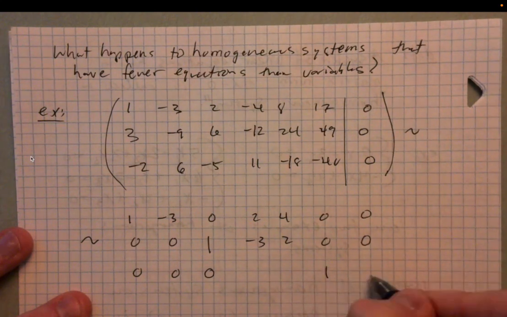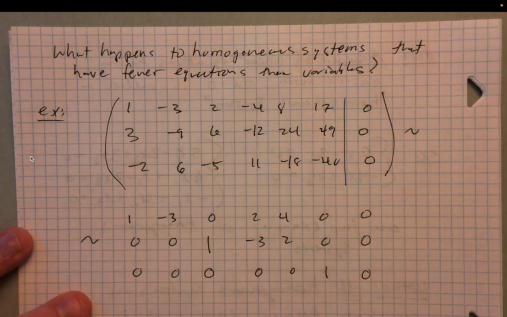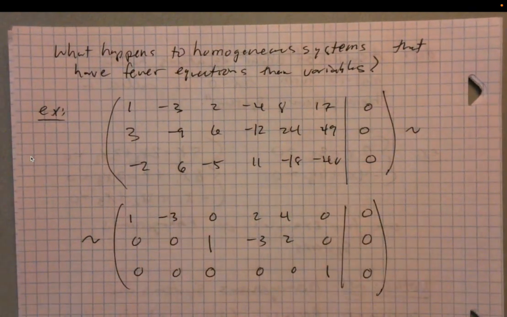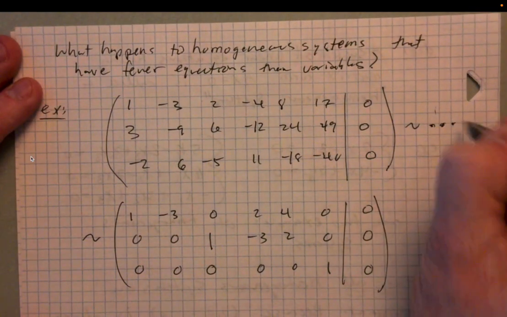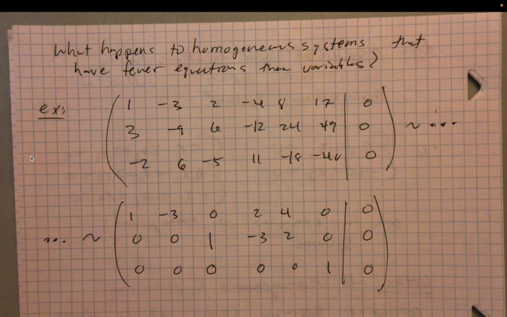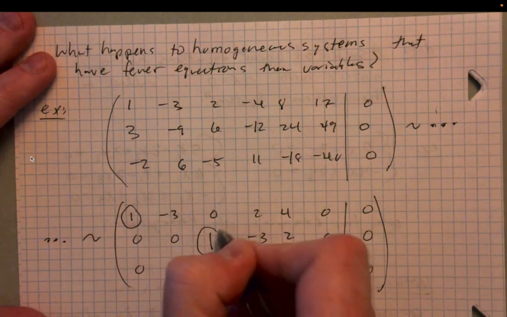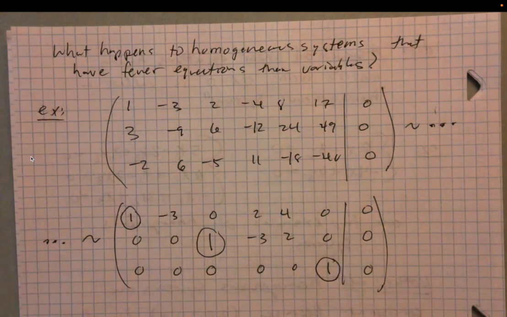Okay, everything is a 0 except for this guy down here. So if you went through the process of doing the reduced row echelon form, the Gauss-Jordan elimination, you would get it into this form. Now notice you've got your pivots here, here, and here.